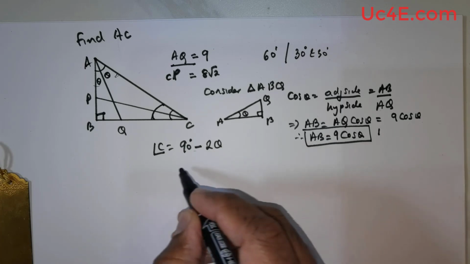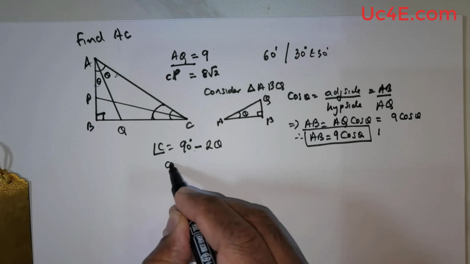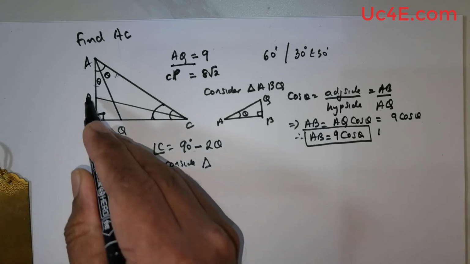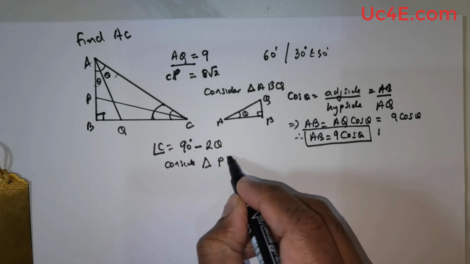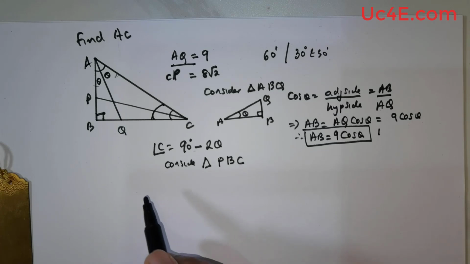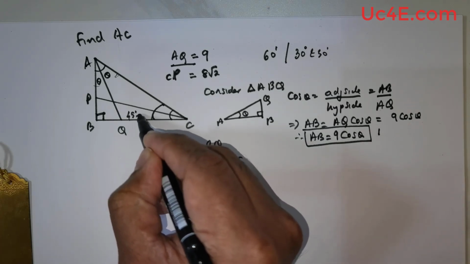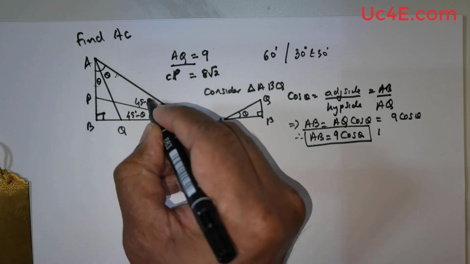But if I were to consider triangle PBC, then this would be 45 degrees minus theta and this would be 45 minus theta.